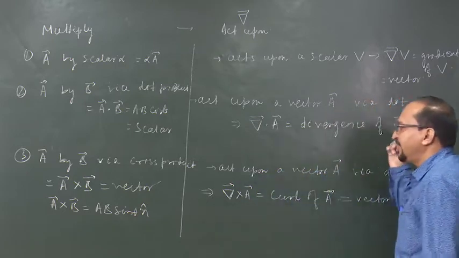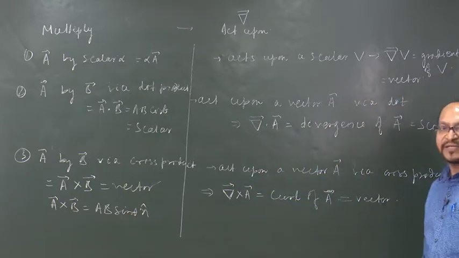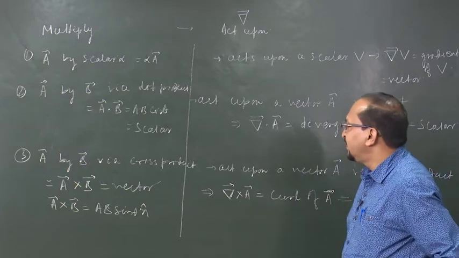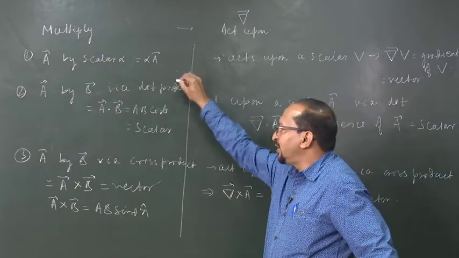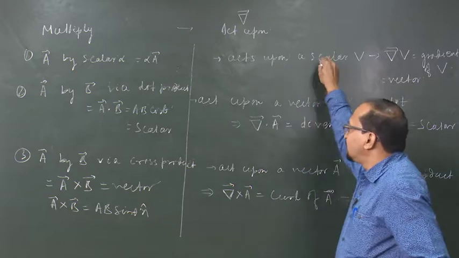So, divergence of A is a scalar, curl of A is a vector. Here we have 3 operations, here also we have 3 operations.